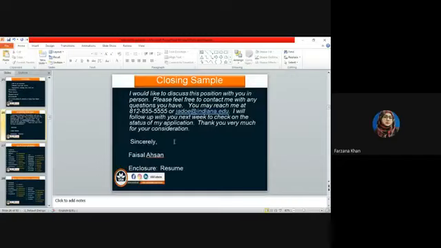Very brief, complete, concise, and concrete closing of your cover letter. Here you have given your follow-up plan, you have given your contact number and email address, and you have ended with a complimentary closing, and then sincerely, your name, and then enclosure, a resume. Here your cover letter is complete.